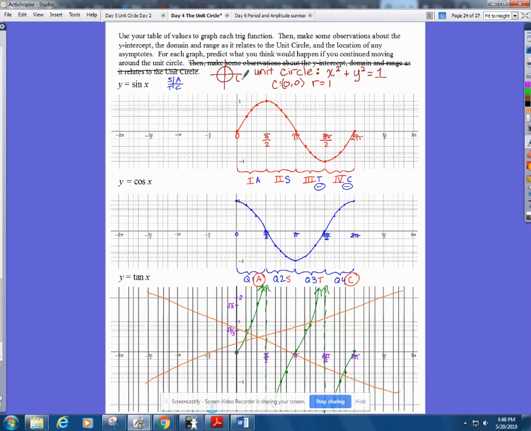So we have the points 1, 0, 0, 1, negative 1, 0, 0, negative 1, and our sine values are our y values. So 0, 1, 0, negative 1, back to 0.